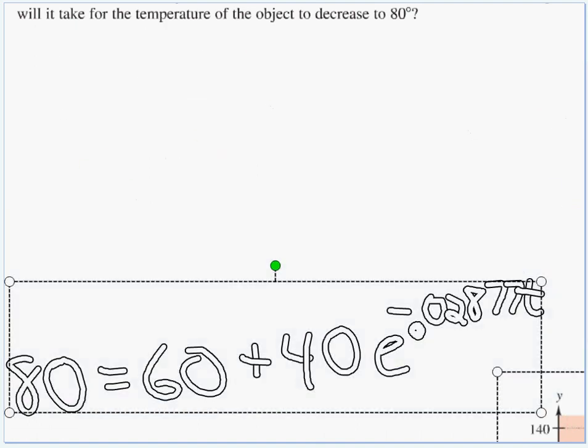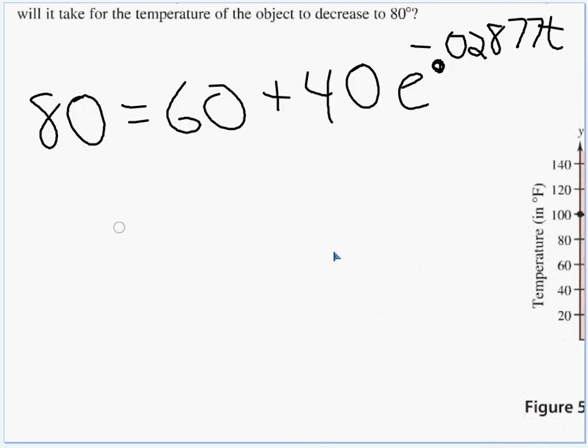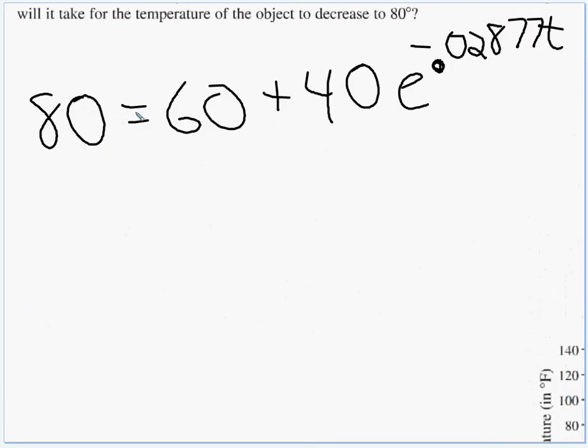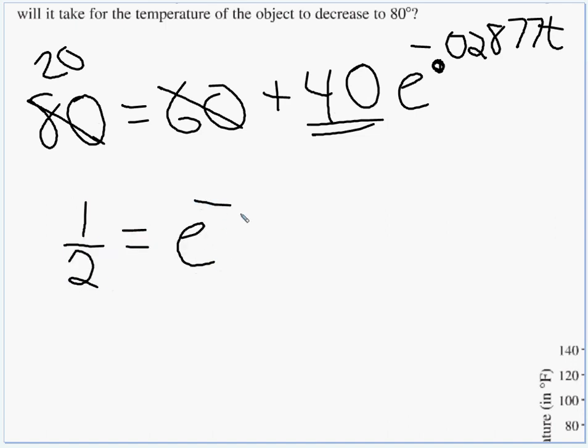Okay, let me move this up. So let's see here, we're going to subtract 60, 80 minus 60, this will be a 20, and then we're going to divide by 40. 20 over 40 is 2/4 or 1/2. 1/2 equals e to the negative 0.02877 t. Take the natural log.